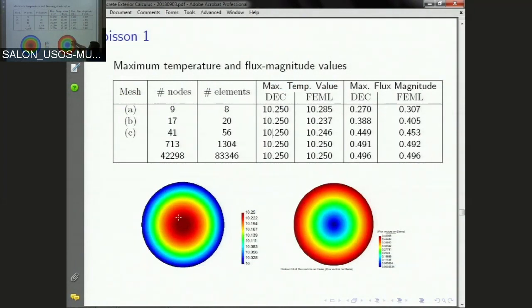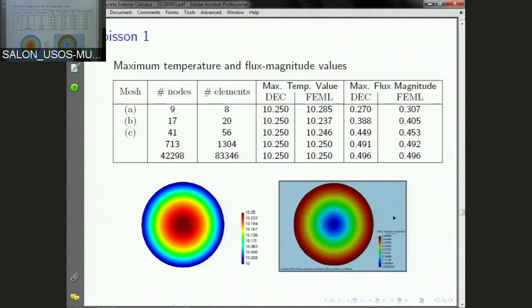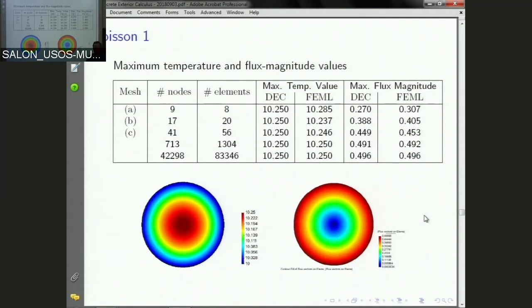Now, this other contour graph is the magnitude of the gradient vector field, which is another measure computer scientists and engineers like to see if it's actually working. And it works out exactly the same as finite element method.